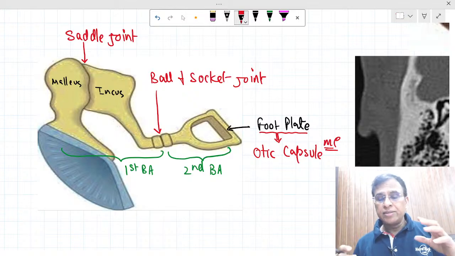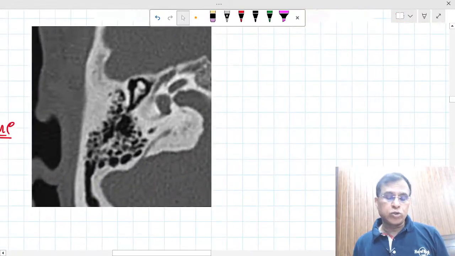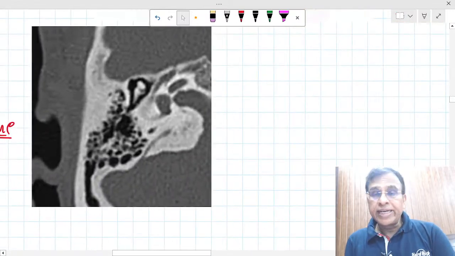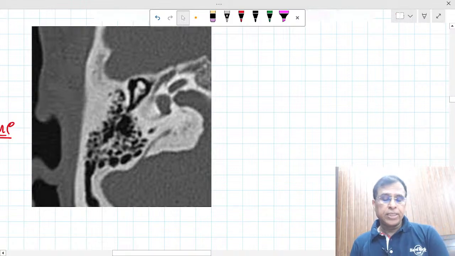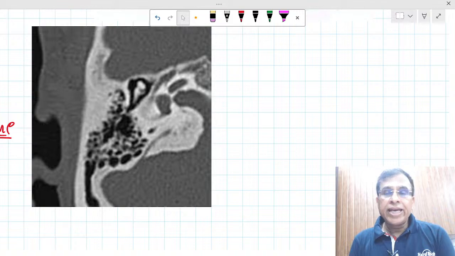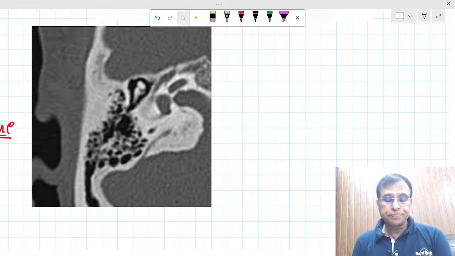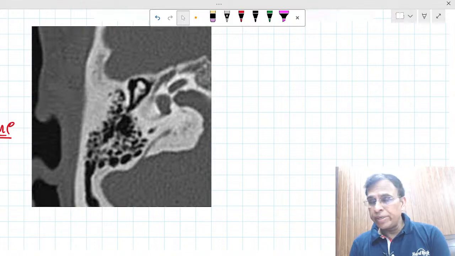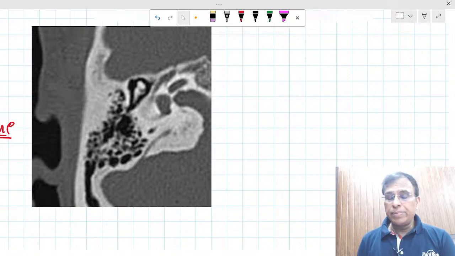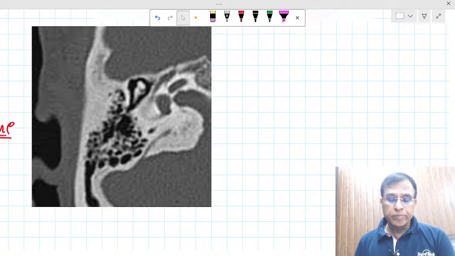Now, if you take the CT scan of the temporal bone, this is how a CT scan looks like. Again, this is given in your note workbook. In this CT scan of the temporal bone, can you identify the middle ear? Which is the middle ear? If you remember, I told you middle ear is a very small cavity.